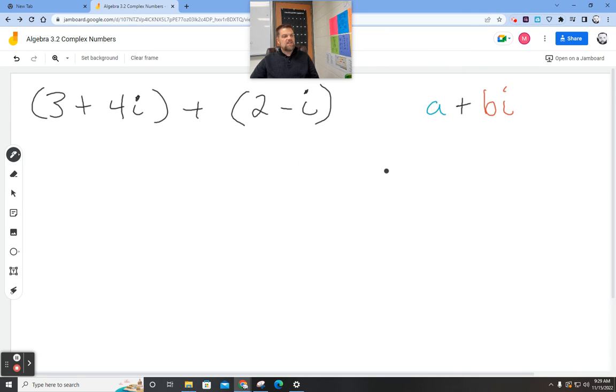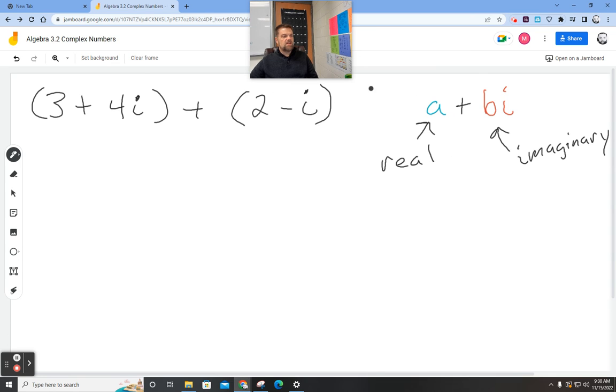So this is a complex number. Anything containing the i is the imaginary part. Anything not containing an i is what we consider to be a real number.